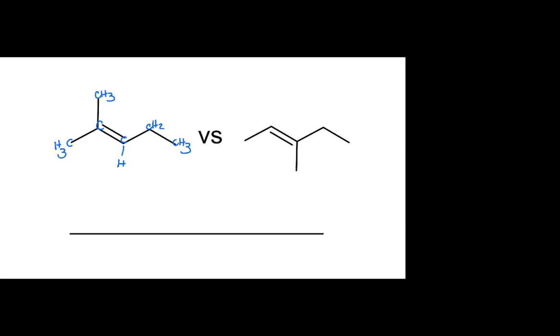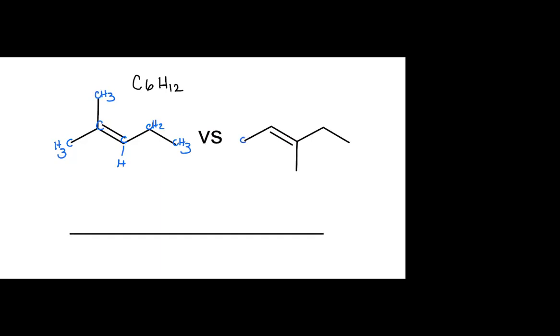So the molecule that I have on the left has 1, 2, 3, 4, 5, 6 carbons. C6. It has 3, 7, 8, 13. No, 12. And 12 hydrogens.